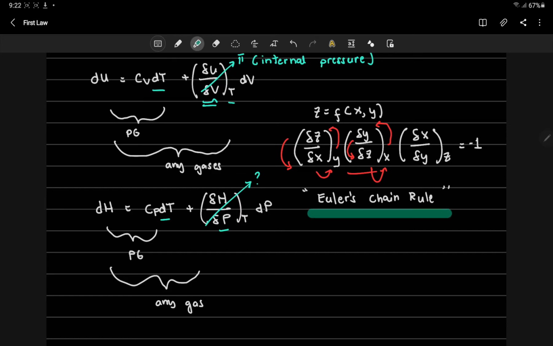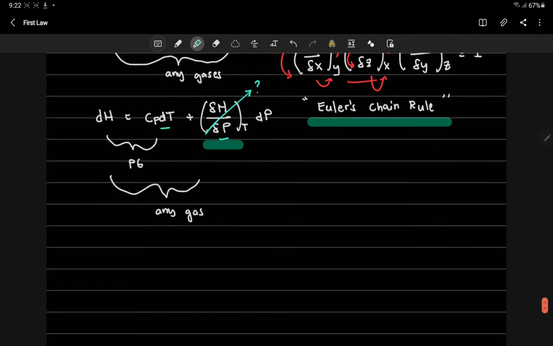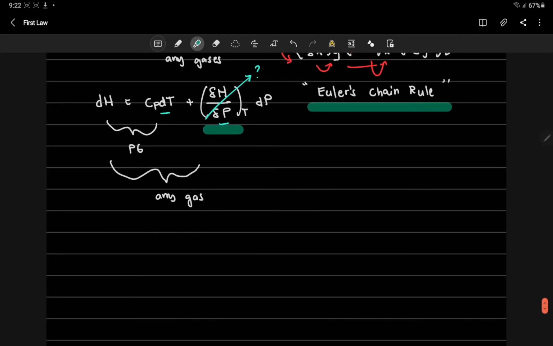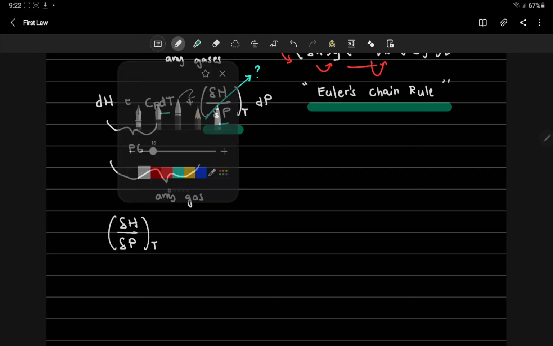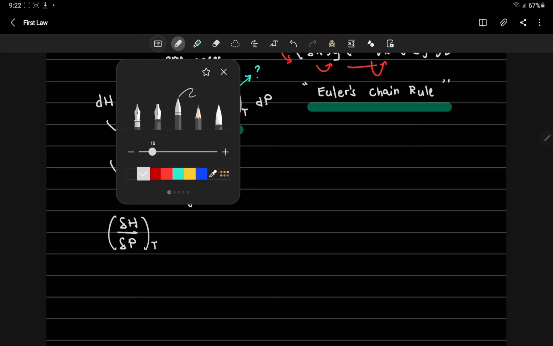Okay, ano ngayon? So what if we do it also with this term in your equation? Para malaman na natin ano ba talaga yung term na yan. So let's do that. So I will write here partial derivative of h with respect to p at constant t. Okay? So ang mangyayari, let me just annotate this a little bit.